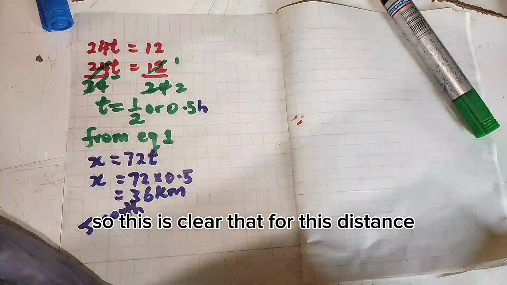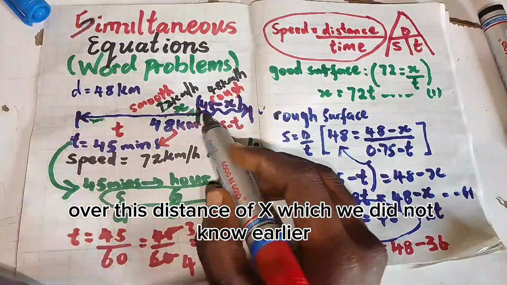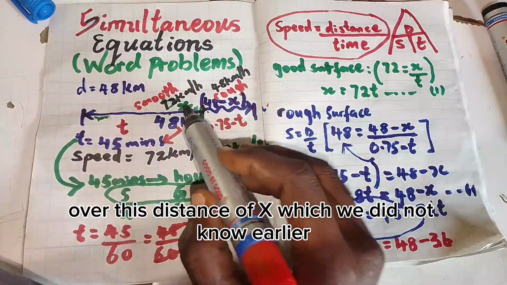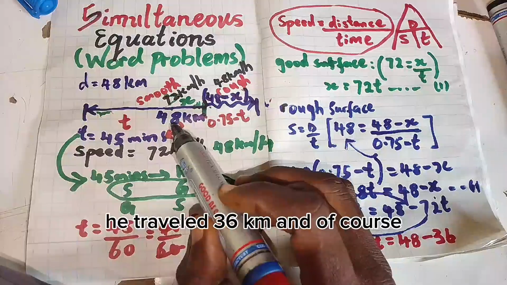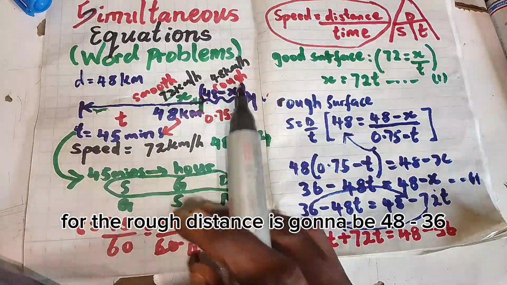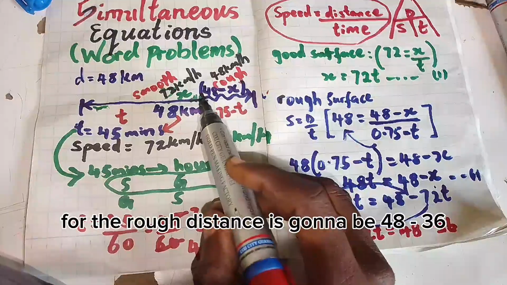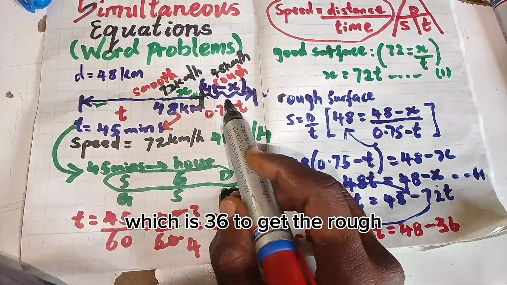So it's clear that the distance x, which we did not know earlier, has been revealed: on the smooth road he traveled 36 kilometers. For the rough distance, it's going to be 48 minus 36. The question asks us for the smooth, which is 36.